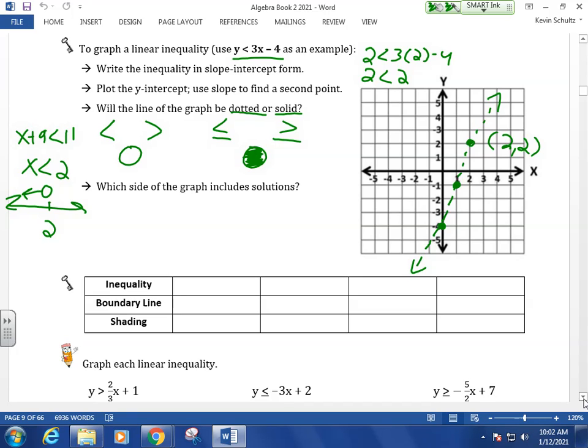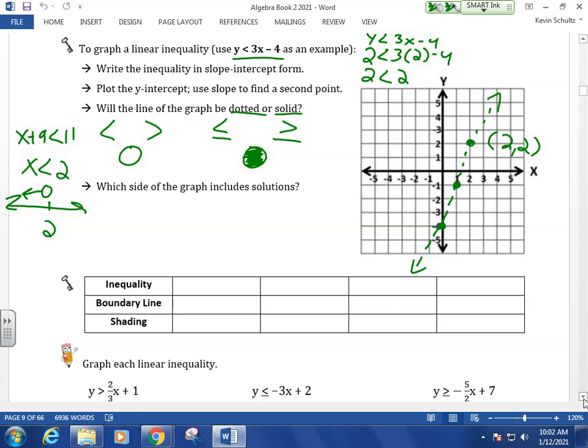Okay. What I did here was I took my original inequality, y is less than 3x minus 4, and I plugged in an ordered pair that's on my line, 2, 2. So 2 for x and 2 for y. I simplified it. 3 times 2 is 6, minus 4, the right side of this equals 2, and I get 2 is less than 2.